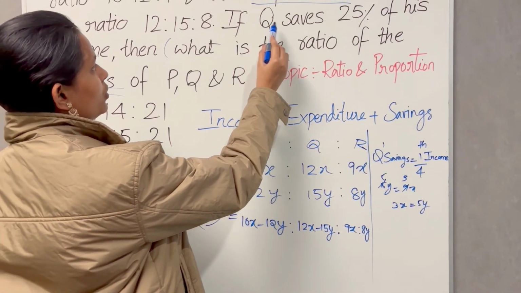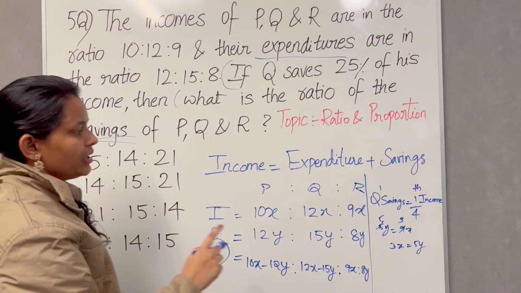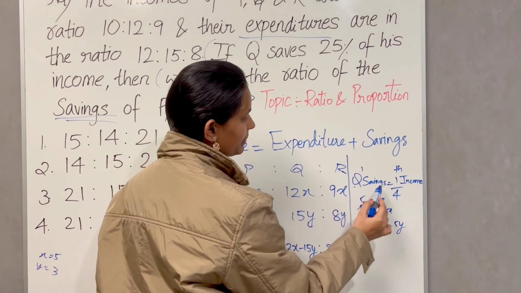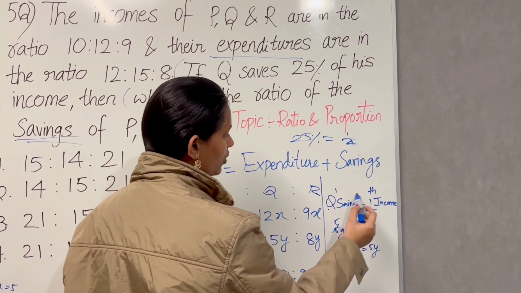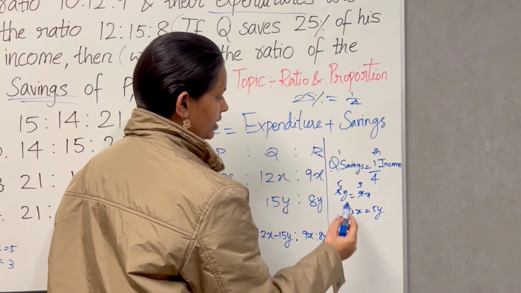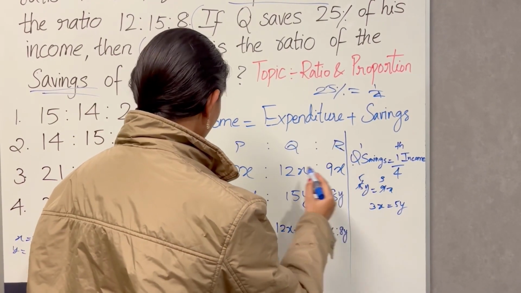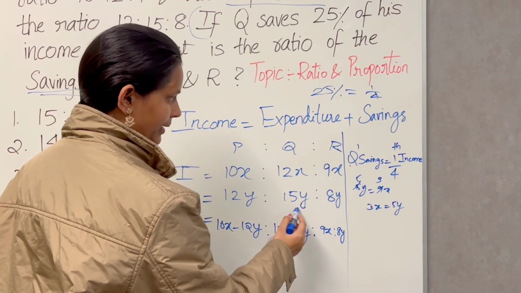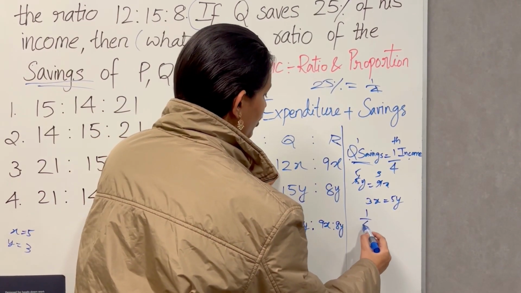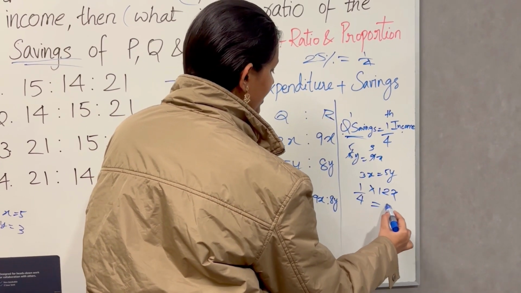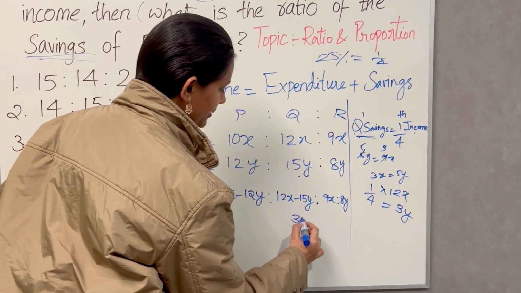Another piece of information is given: Q saves 25% of his income. How do we write that? 25% means 1/4. So savings is 1/4 of income. Income we know is 12x, expenditure is 15y. Savings is 1/4 of 12x, which is 3x.